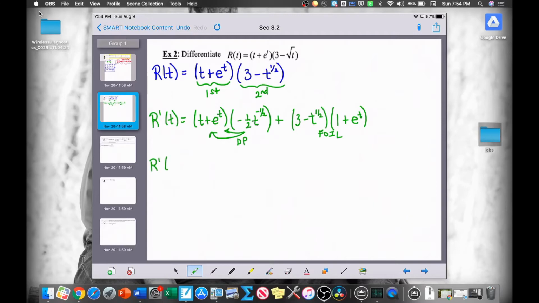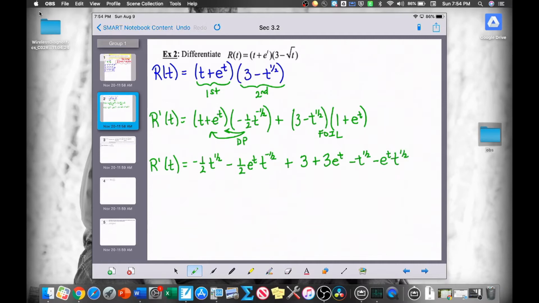So if I just do some algebra at this point, r prime of t is going to be equal to negative 1/2 t to the 1/2 power, because t to the first times t to the negative 1/2 would be t to the positive 1/2, and then minus 1/2 e to the t, t to the negative 1/2, plus, and then when I FOIL, I get first, outer, inner, last, I get 3 plus 3e to the t minus t to the 1/2 minus e to the t, t to the 1/2.